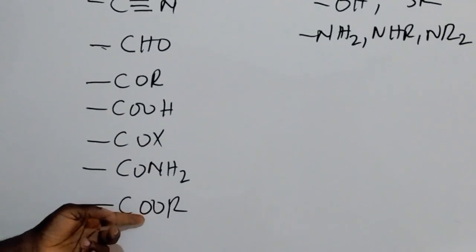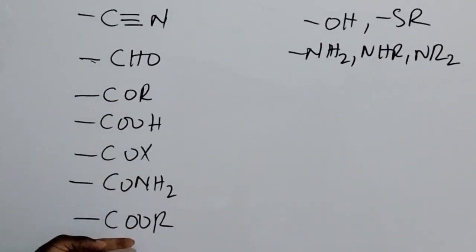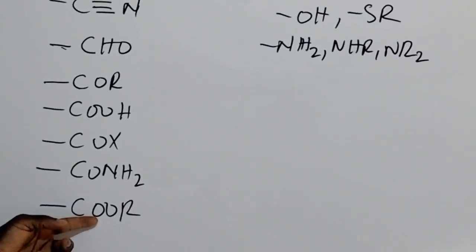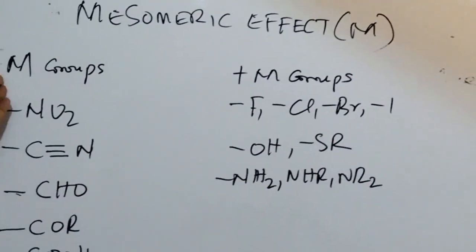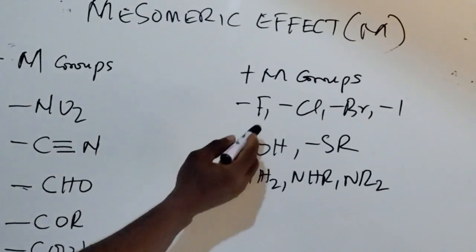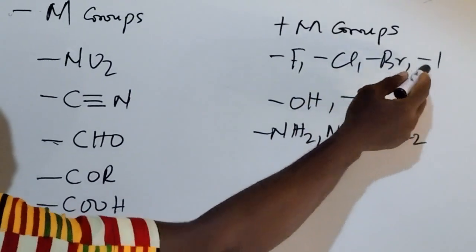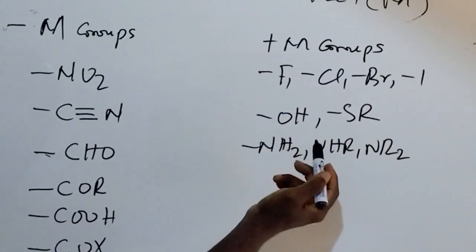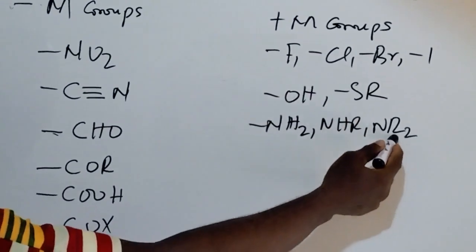All these have a negative mesomeric effect, while these groups have a positive mesomeric effect: the halo groups, fluoro, chloro, bromo, iodo, hydroxyl, the amino group, the alkyl amino group, and the dialkyl amino group.